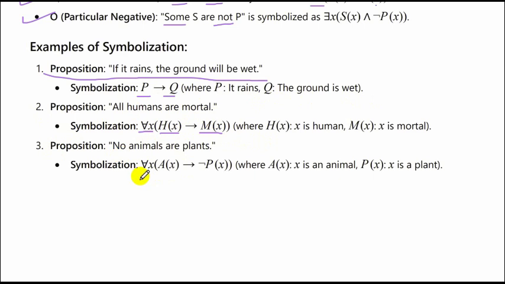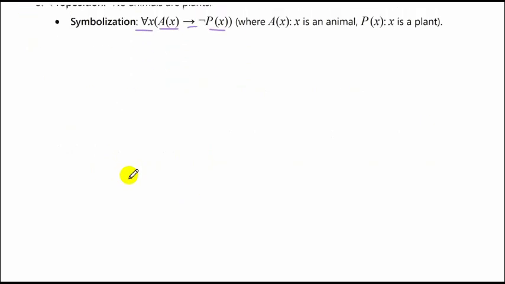No animals is a universal quantifier. So we say for all X, if X is an animal, then X is a plant, and then we negate it by putting a negation symbol where we say X is not a plant, because we are saying no animals are plants. I hope this is also clear.